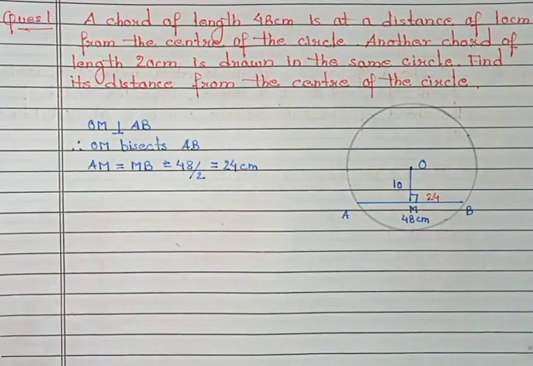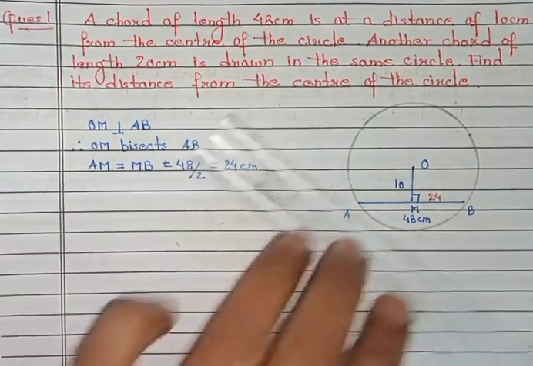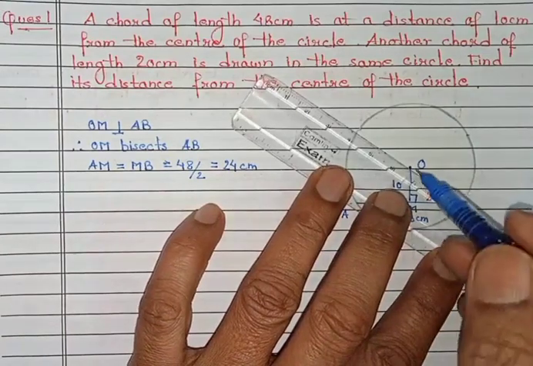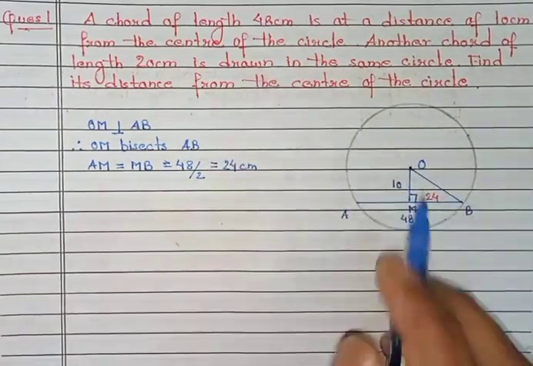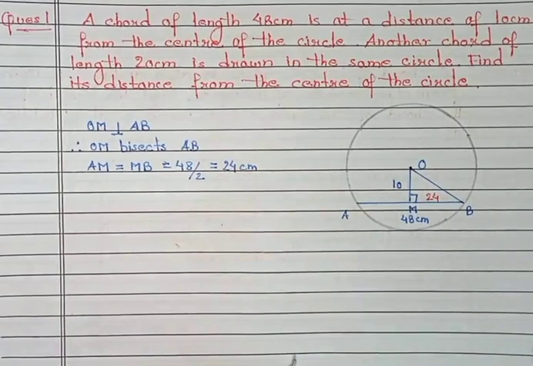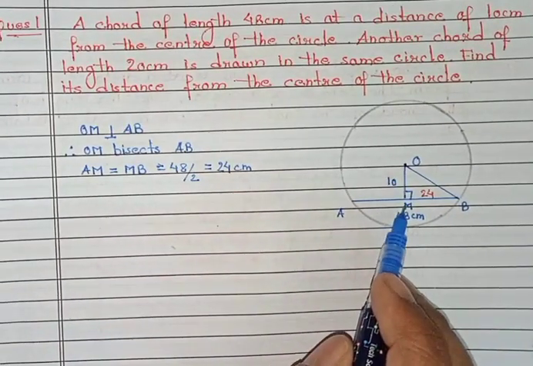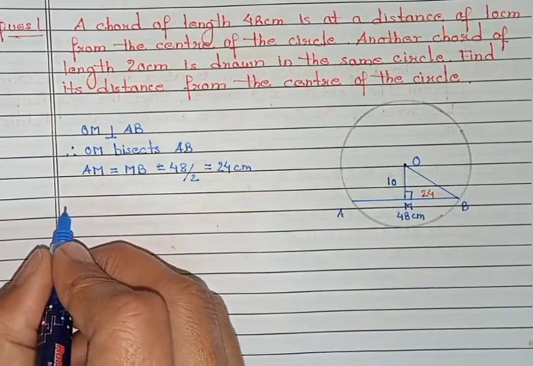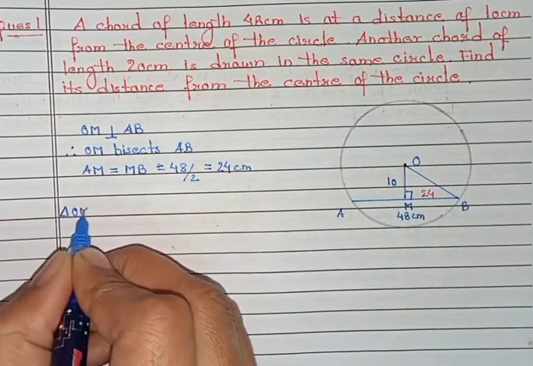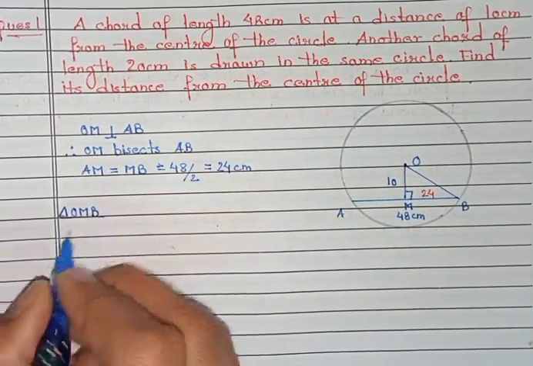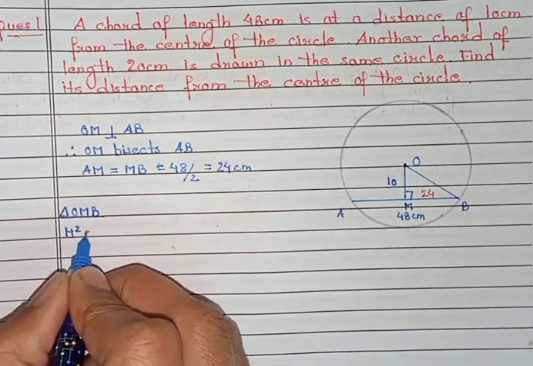Now what we will do, we will join OB to get a right angle triangle. Now you can see in triangle OMB, as triangle OMB is a right angle triangle, we can apply Pythagoras theorem.